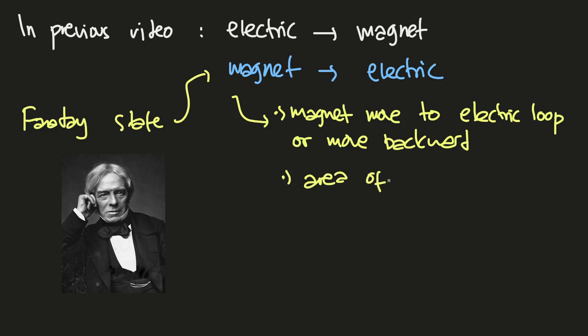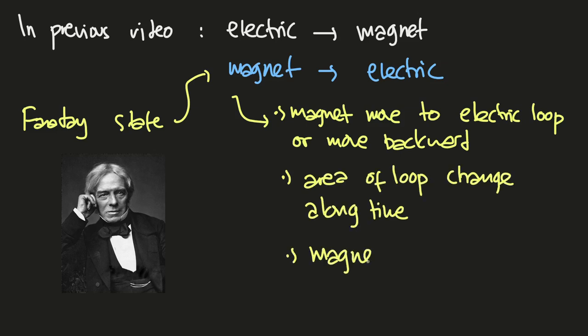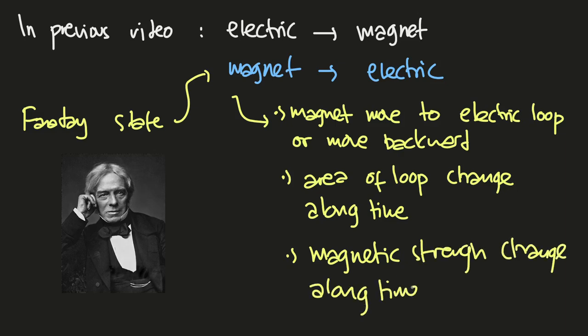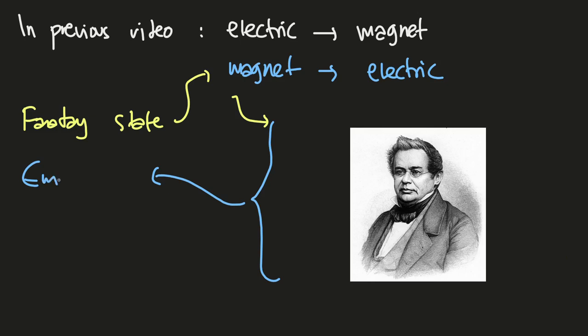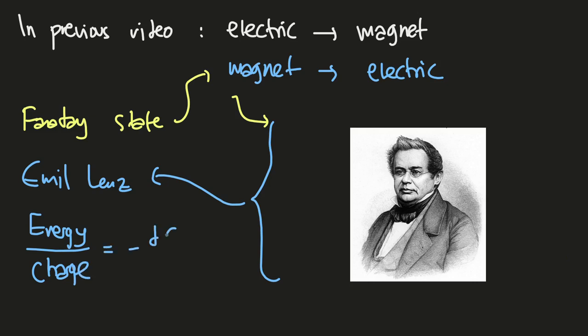In the second scenario, the area of the loop changes over time, or in the last scenario, the magnetic strength through the loop changes over time, which Lenz then formulated: the total energy over a single charge here equals minus the rate of change over time of the flux of the magnetic field passing through the area enclosed by the electric loop.